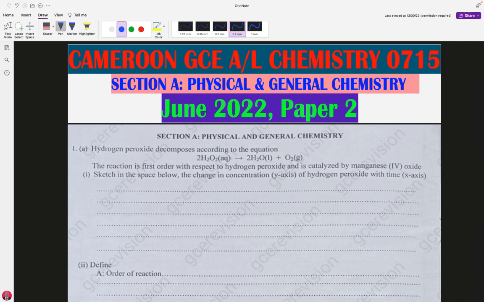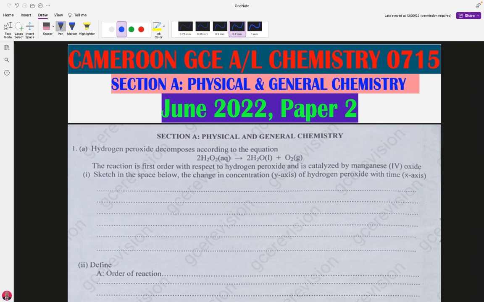The reaction is first order with respect to hydrogen peroxide and is catalyzed by manganese(IV) oxide. Sketch in the space below the change in concentration, that's the y-axis, of the hydrogen peroxide with time on the x-axis.